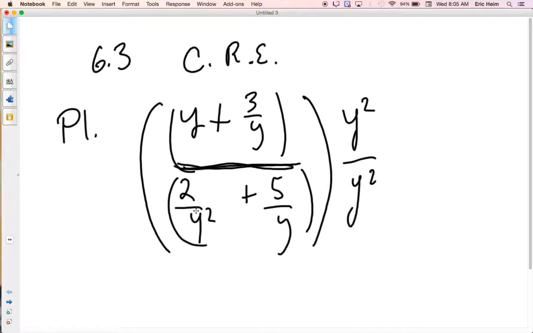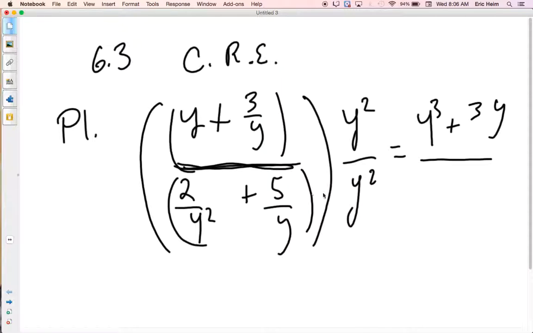Because this thing will be a lot easier to deal with if there's no fractions within fractions. Okay, so therefore we multiply y squared by y on top, and we get y cubed. We multiply y squared by 3 over y, and that gives you y squared over y is y, and the 3 is still there.